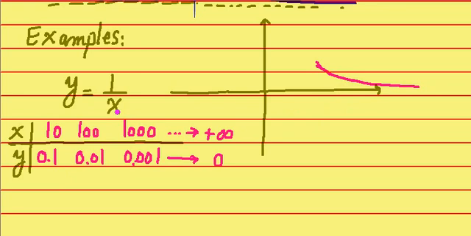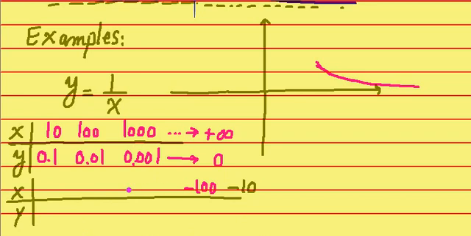What if I want to discover the situation at the left tail? At the left tail, then I have to make another table. I'll just go ahead and make it here. X and Y. I want to go far to the left, so I have to play with the negative numbers. -10, -100, -1000, and so on.